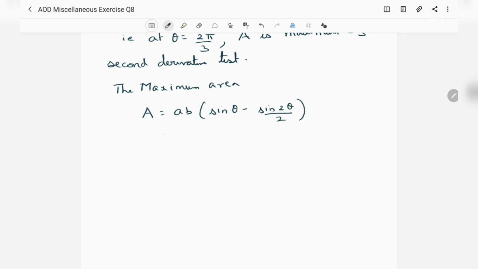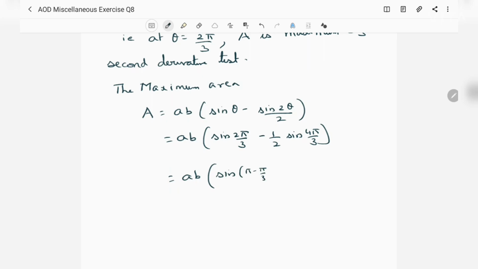So let us simplify this. Write sin theta as sin 2 pi by 3 minus 1 by 2 into sin 4 pi by 3, and this on simplification we get AB times sin 2 pi by 3 as sin pi minus pi by 3, minus half into sin of pi plus pi by 3.